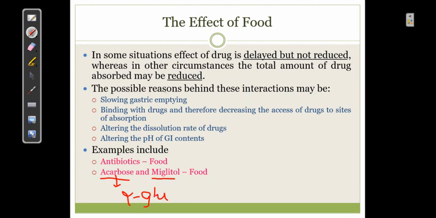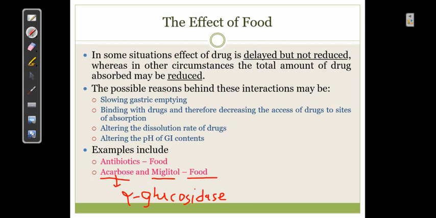Now consider a situation that the patient has taken food, and half an hour after taking this food, you recommend this medication. After half an hour, the alpha glucosidase enzyme has already converted the polysaccharides into disaccharides and monosaccharides, and if you then give acarbose or miglitol, it will be of no use, right.